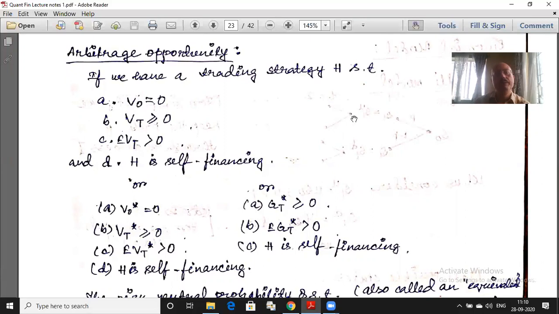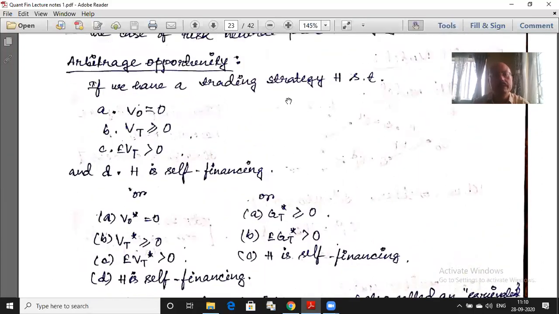So arbitrage opportunities are defined in terms of what I can get in the end. I do not spend any money today, V0 is 0, but in all states of nature, I get non-negative consumption on the last day, and there has to be at least one strictly positive consumption so that my expectation is strictly positive.